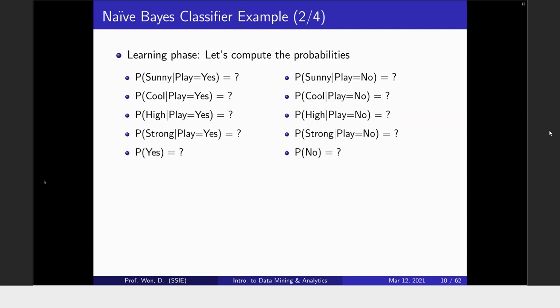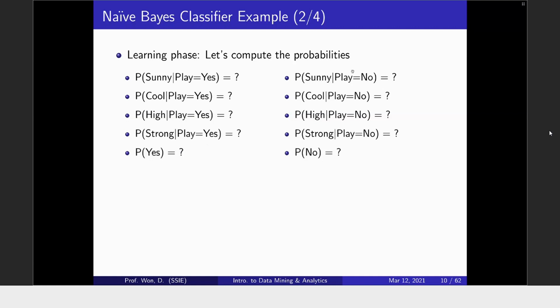And when we are going outside, what is the probability of, for example, cool, or humidity is high, or wind strength is strong? And also, what is the entire probability when we go outside? This is what we need to calculate, right? All this information is extracting patterns from my historical information.